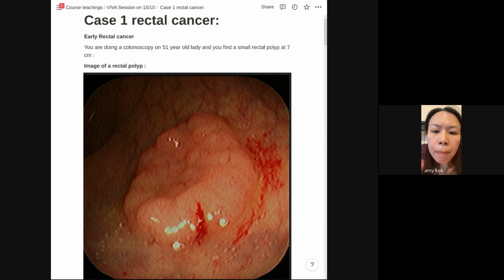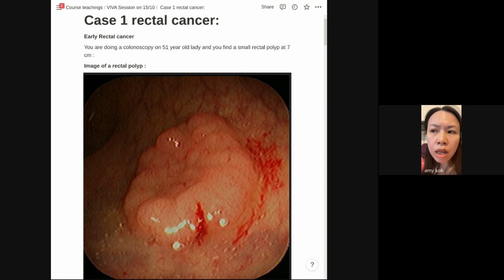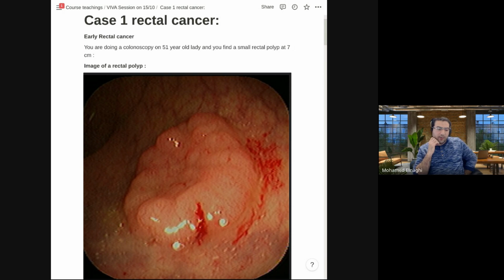Okay, good. So the decision you may need to make now is whether you are going to resect it, or take biopsies and not resect it. I won't resect it now. During the endoscopy, I will take biopsies, and I will do the workup for this lady as a cancer pathway. Okay, excellent.